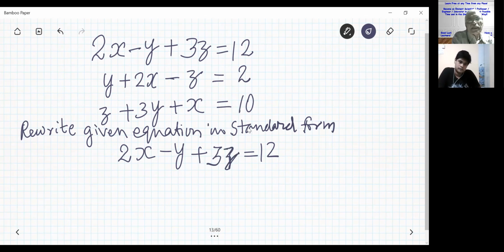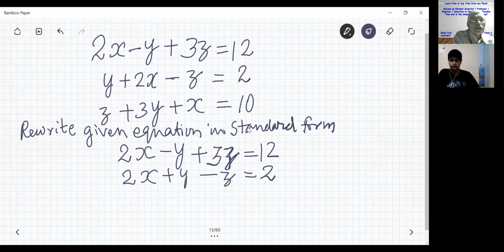Second one, what will you write? 2x plus y minus z. Y is plus, so 2x plus y minus z is equal to 2.